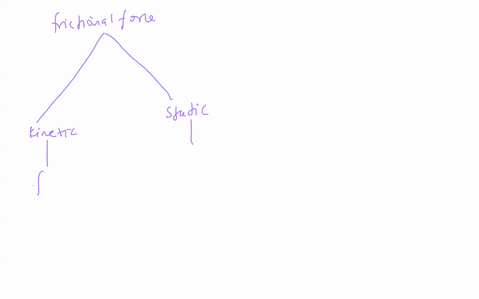So Fk here is mu k multiplied by normal, and for static we say F max is mu s multiplied by normal. N is the normal force. The coefficient of friction is unitless.